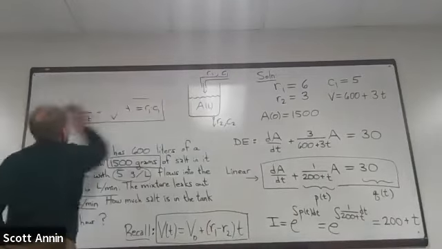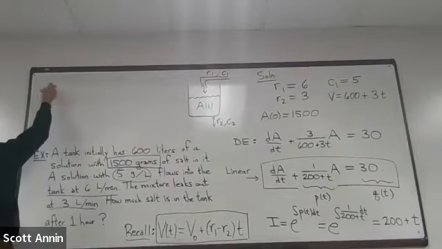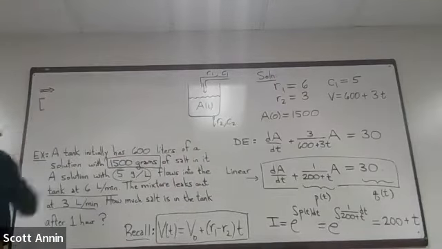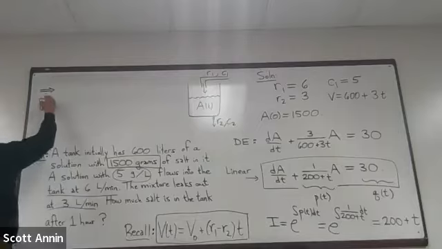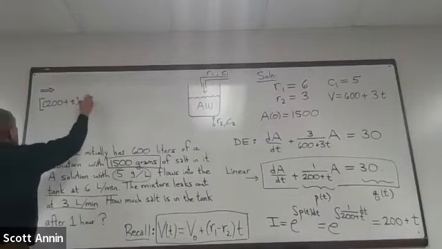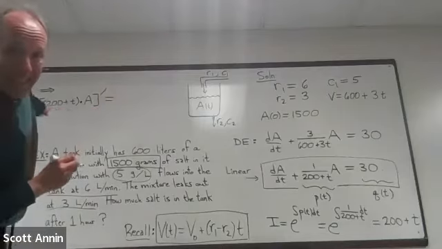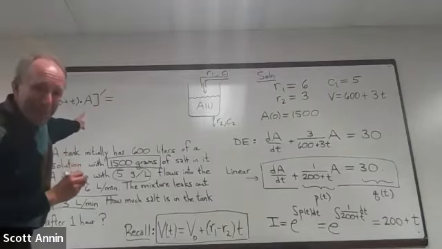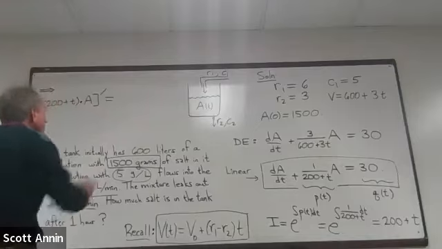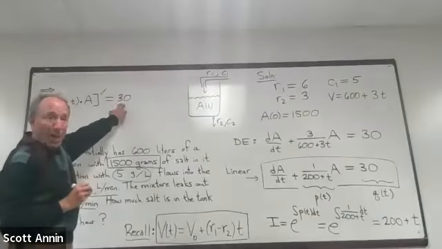And so let's come back over here and write the resulting product rule derivative that we get out of this process for solving a linear differential equation. So we get the product rule derivative of the integrating factor times the unknown function is equal to the right-hand side, which is the Q, that's equal to 30 in this problem.